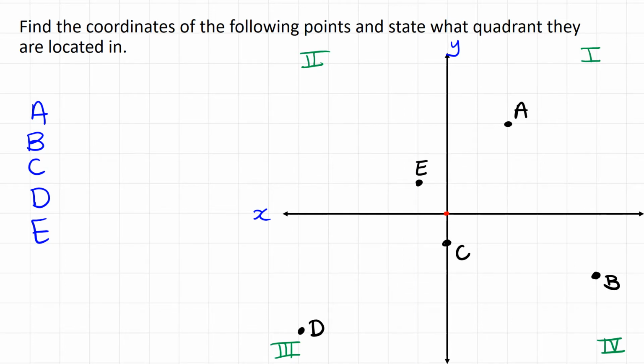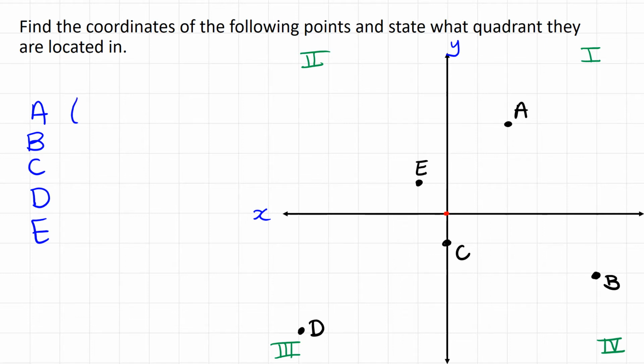Let's see how we've moved horizontally to get to A. I moved 2 in the positive direction to get to A. And then let's see what's happening moving up. We want 1, 2, 3. So there's 3 vertical movements to get to point A.